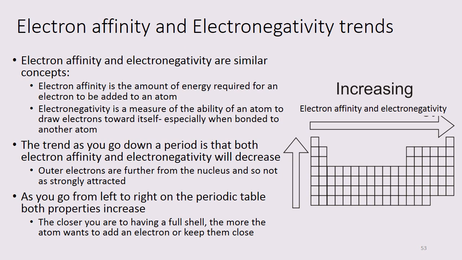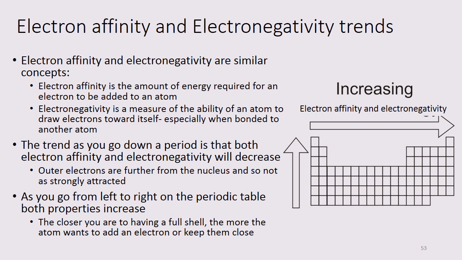We have one more trend to look at, and that is electron affinity and electronegativity, which are very similar to each other. They're slightly different, and electron affinity is how much energy is required to add an electron, and electronegativity is more like how much does an atom want electrons when they're bonded to something else.